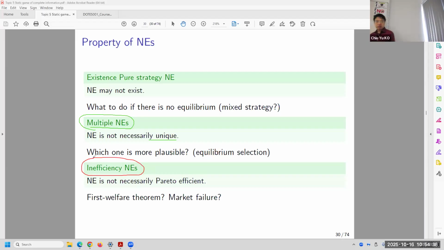And what John Nash said, in this Beautiful Mind movie, is that this is not the case, because later you will see Nash equilibria, a lot of them pretty inefficient, which means that potentially, if they act together, if they collude, they collaborate, then it's good. That actually comes from prisoner's dilemma, later you will see. And that implies if people are strategic, the first welfare theorem is gone, there will be some market failure problem. But we'll talk about that in the next couple of slides.